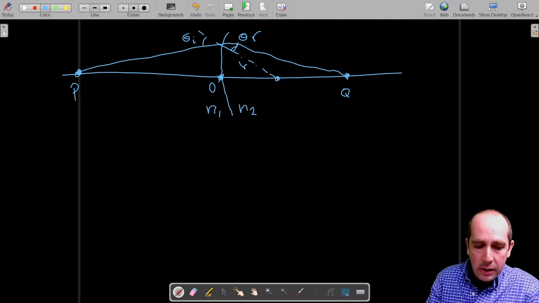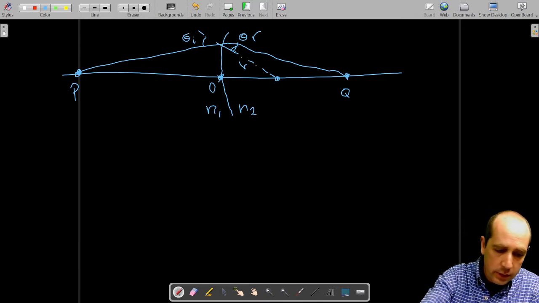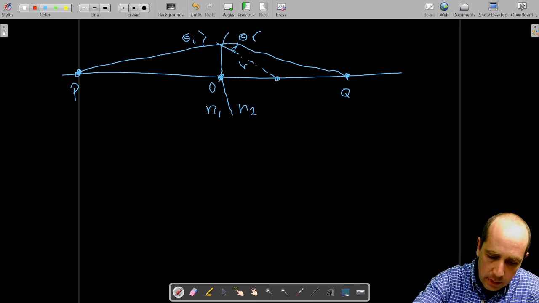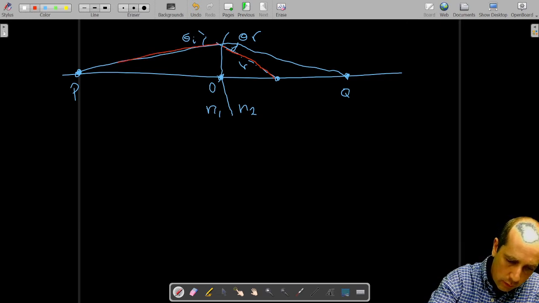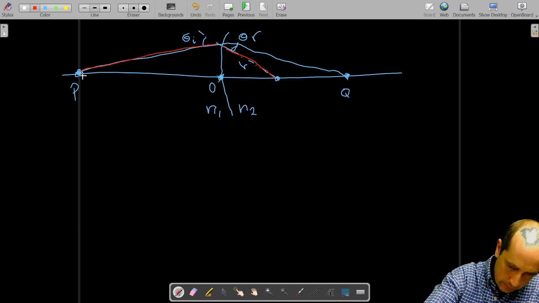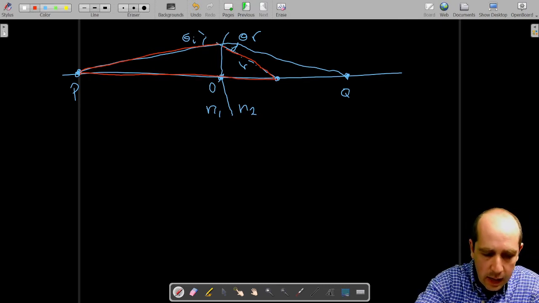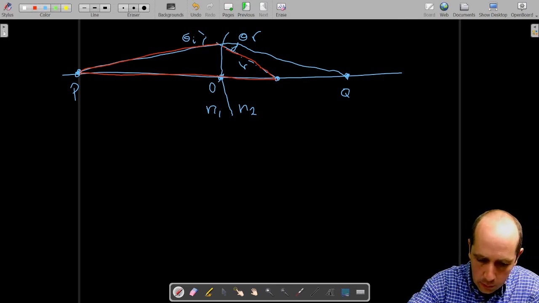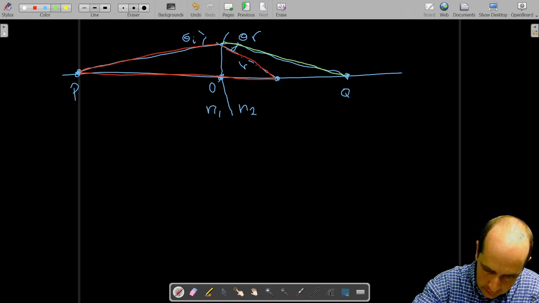So we will now build a couple of other triangles. In this, I will draw one here. For example, we will have this red triangle right here, and we will have another triangle which I will draw in green over here. So this triangle over here in green.